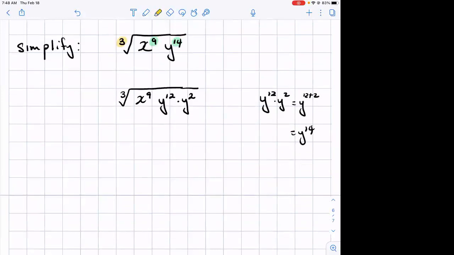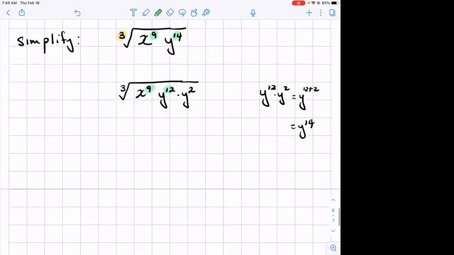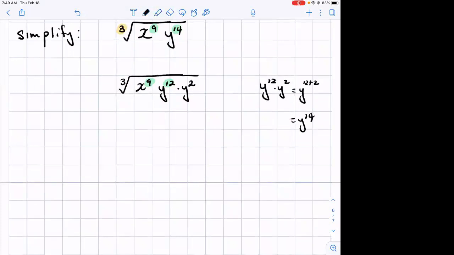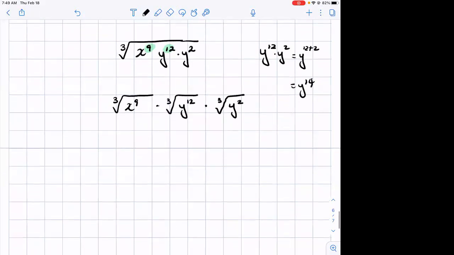Now, 9 is divisible by 3, 12 is divisible by 3. So we can rewrite this as the cube root of x to the 9th times the cube root of y to the 12th times the cube root of y squared. And the cube root of x to the 9th becomes x cubed, 9 divided by 3.